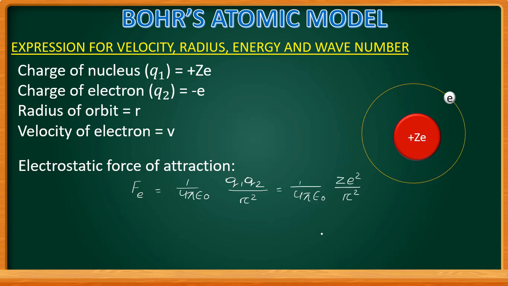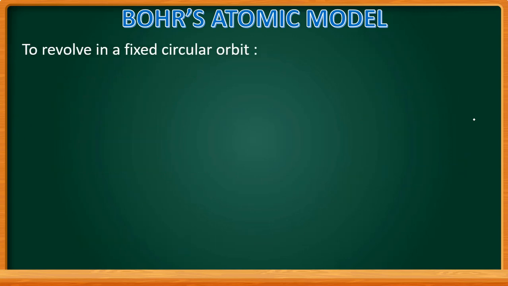As the electron revolves along a circular path, there must be a centripetal force, and the expression for centripetal force is mv square by r. To revolve in a fixed circular orbit, the centripetal force is given by the electrostatic force of attraction, so they must be equal.